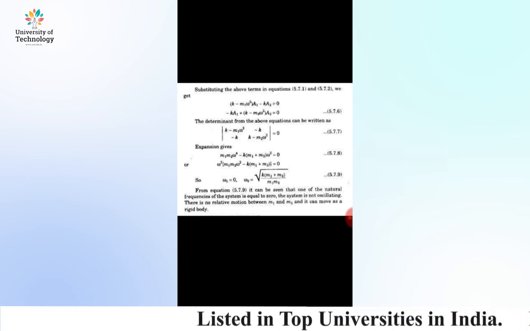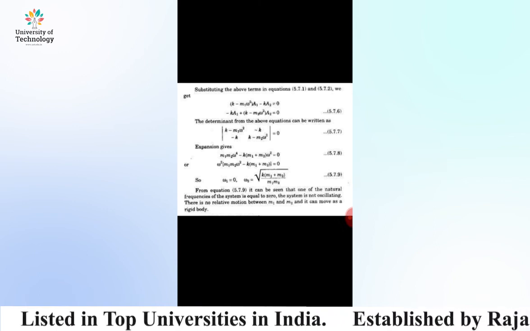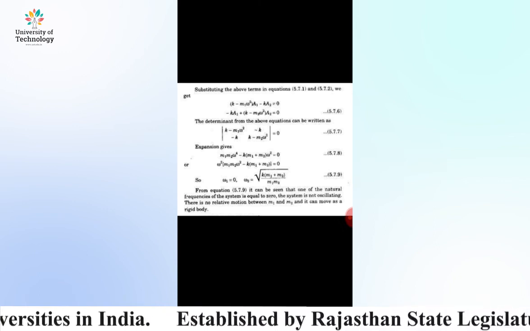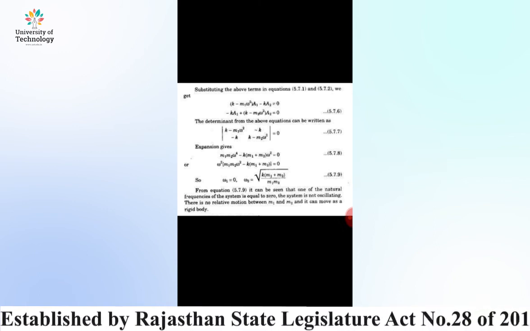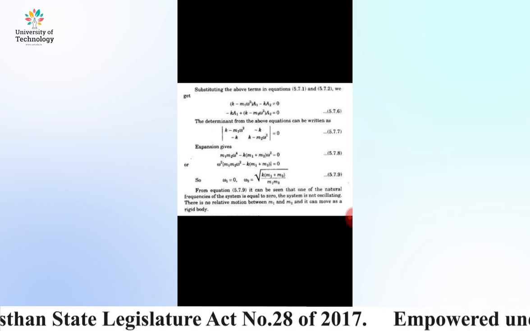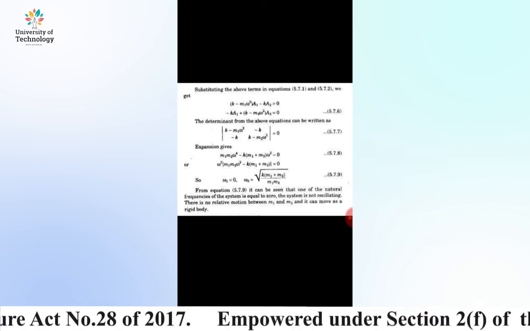By solving this equation by the matrix method, that gives m1 m2 omega to the power 4 minus k (m1 plus m2) omega square is equal to 0.